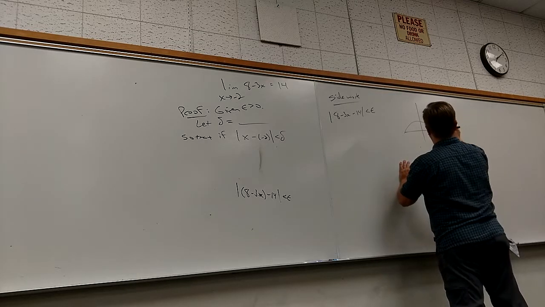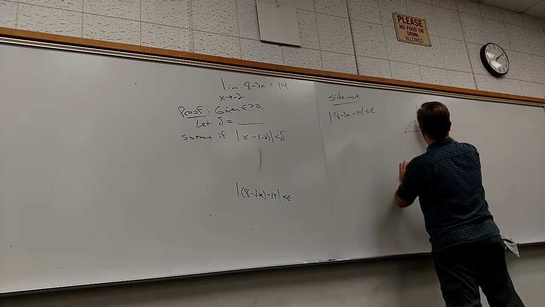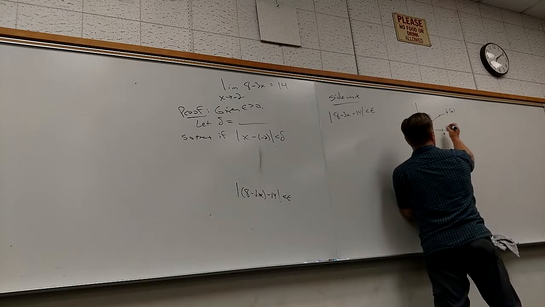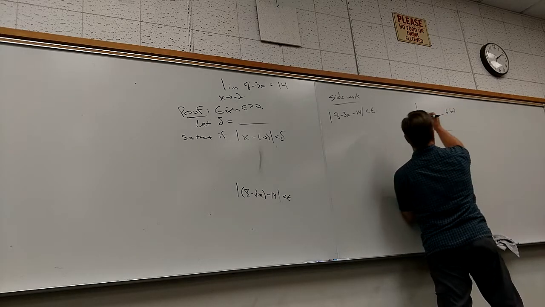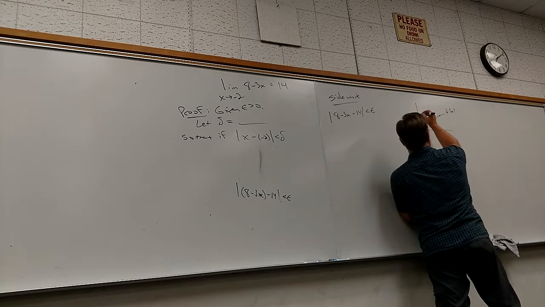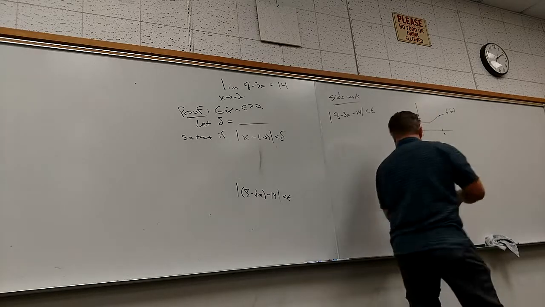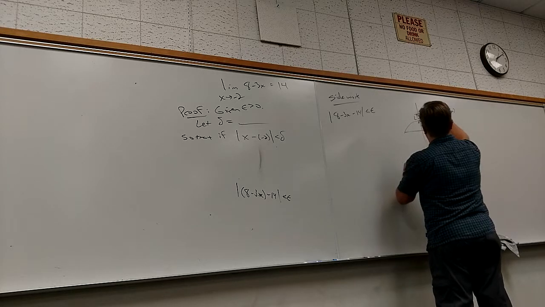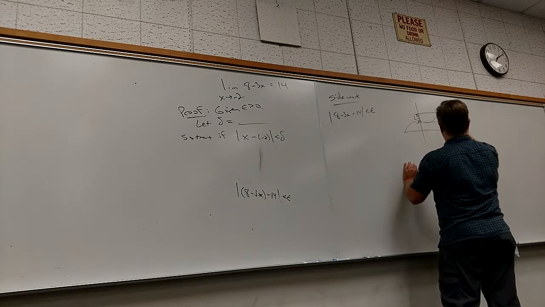The limit: there's some neighborhood. So if somebody says, if this is supposed to be the limit, I want you to be within epsilon away, I want you to be within this neighborhood. All right?